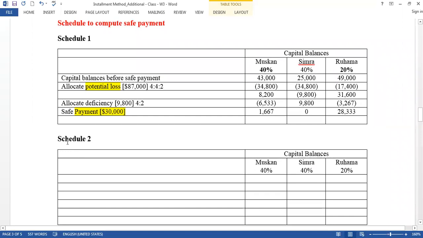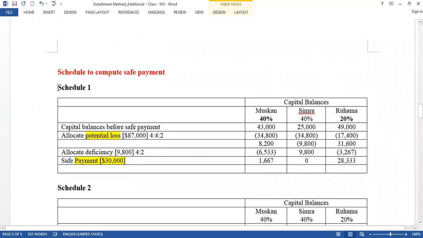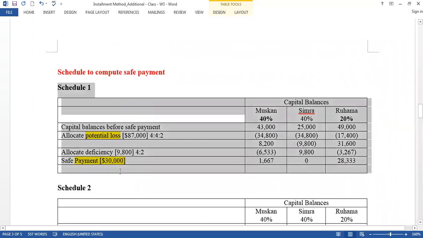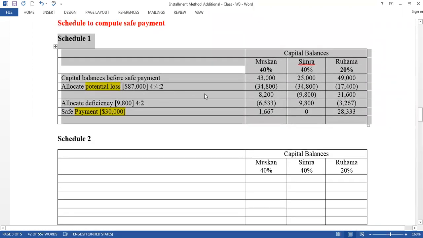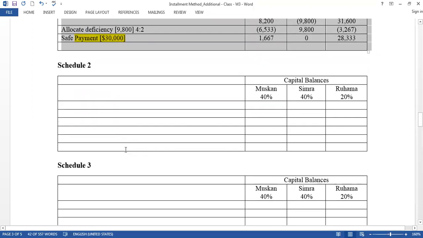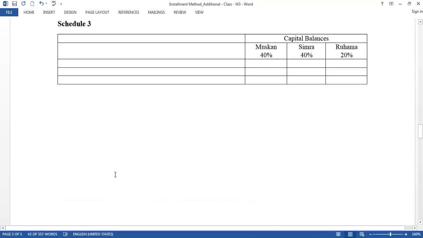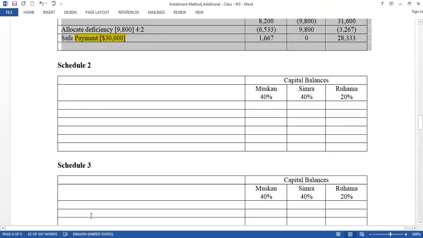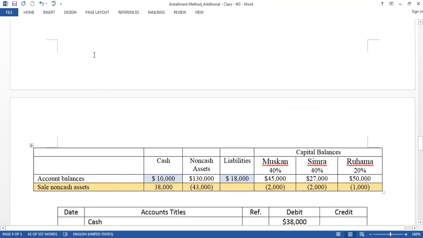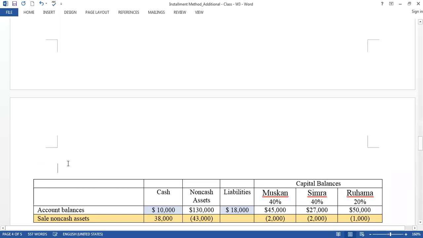Now I am going to show you the journal entries for one schedule. Because if you understand the journal entry for Schedule 1, you can easily solve Schedule 2 and Schedule 3. So I no need to show you all these journal entries. Actually my title here is selected journal entries, so I am not going to show you all journal entries.